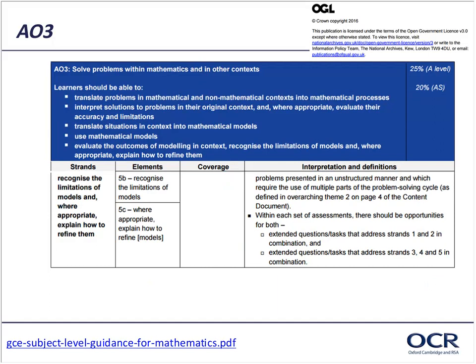And similarly, questions may be provided with experimental results which perhaps do not match a given model. So there's opportunities for performing experiments in class so that the students will recognise the limitations of the models when they come to the examination.